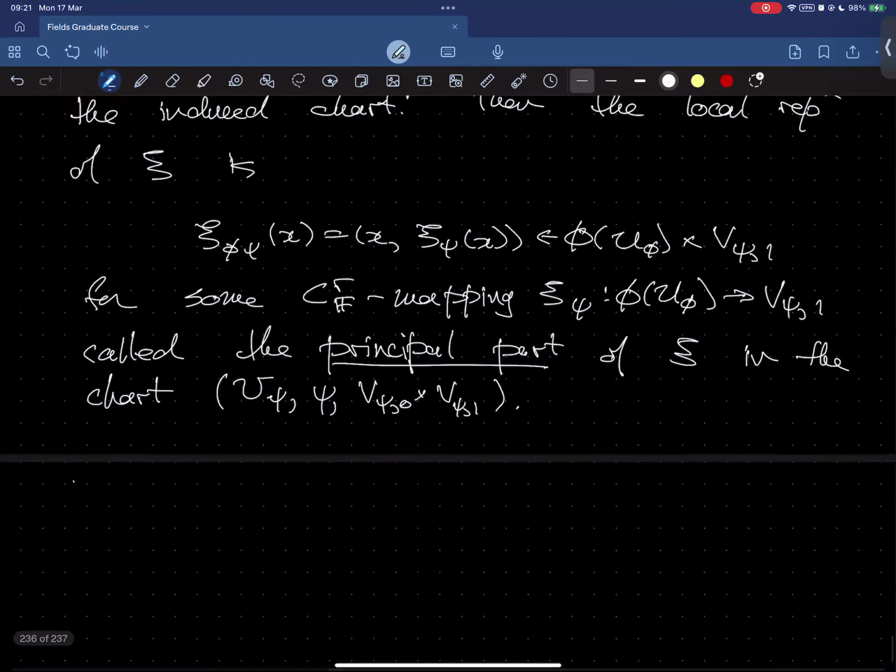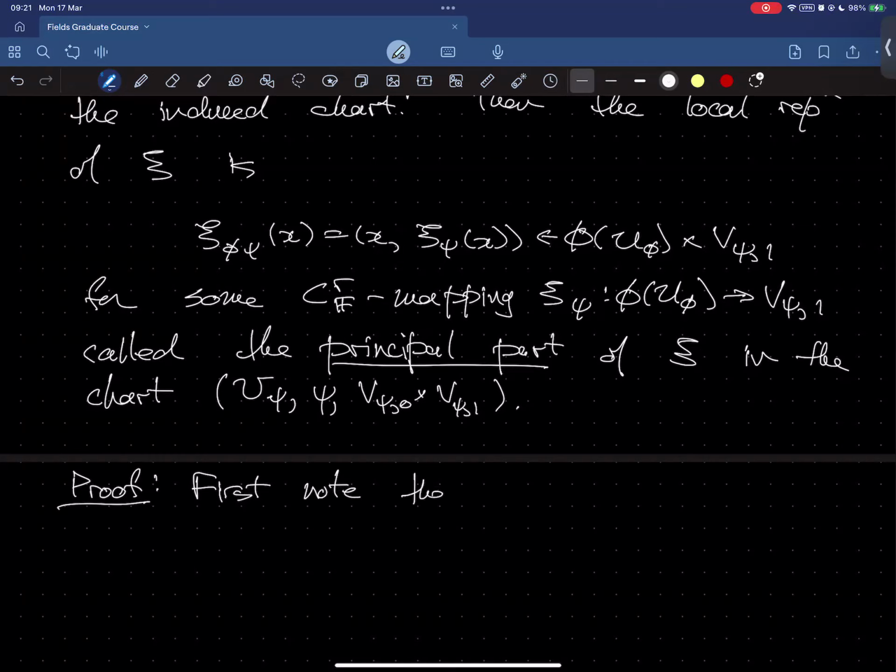And the proof is direct, but I'll do it anyway. So first, note that C of U phi is contained in V psi. In order for me to define a local representative of a mapping, the mapping needs to map the chart of the domain into the chart of the codomain, right?